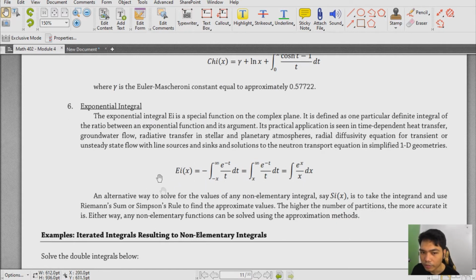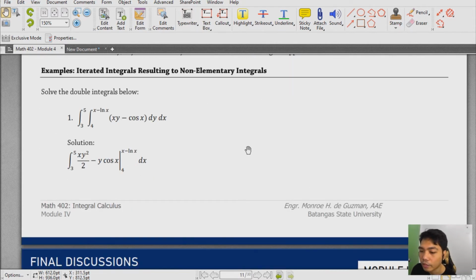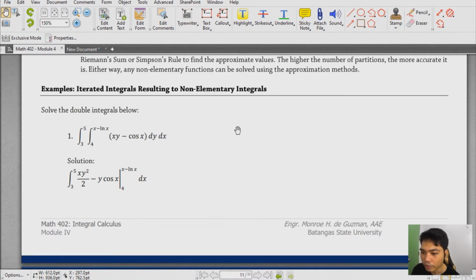So therefore, this expression Ei of x is equal to the definite integral of e to the x over x dx. So yun. And hopefully, you can understand that sometimes, since hindi na natin siya masosolve by definite integrals, or by indefinite integrals, we stop with those integration procedures.